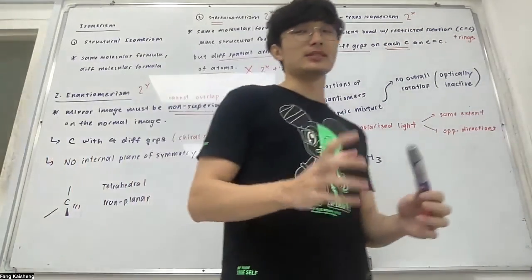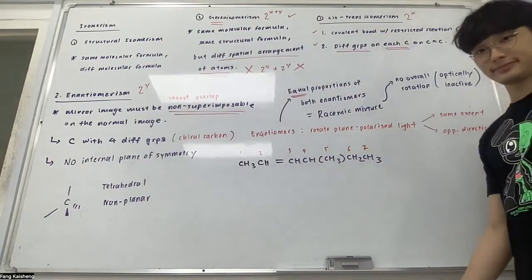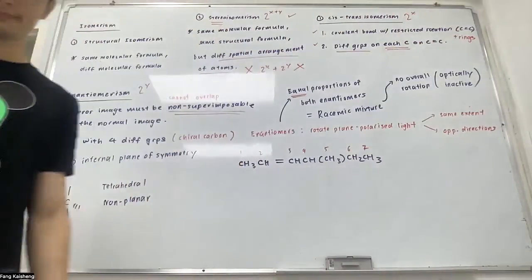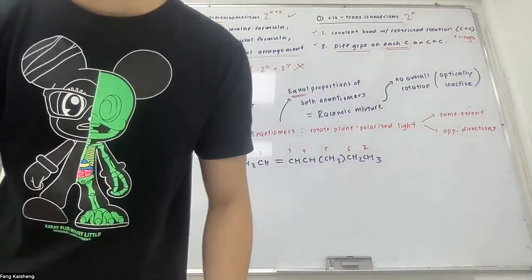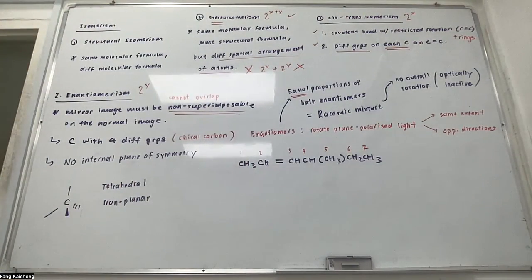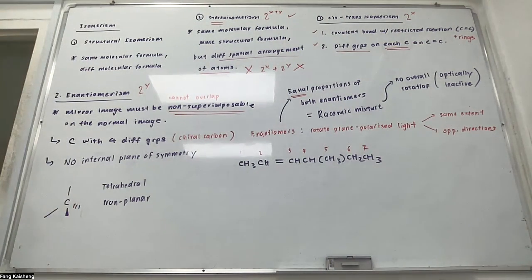Yeah, okay, the bracket means it's a branch separate from the main chain.